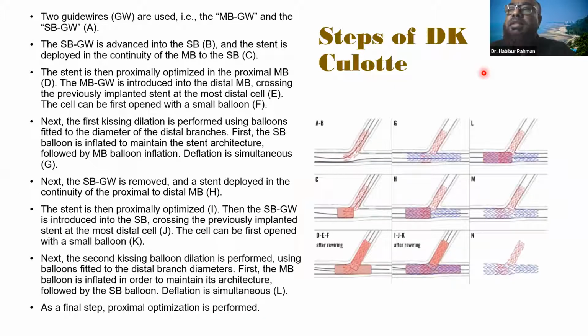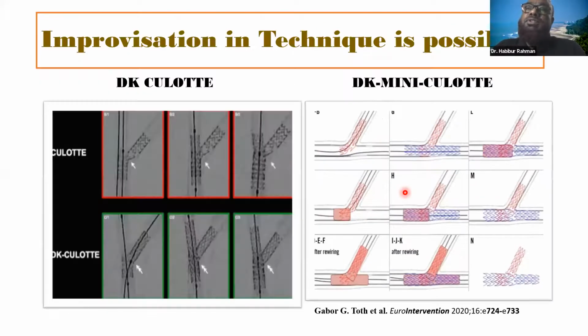So here they propose, before stenting the main branch, if we do a kissing beforehand and then go to the main branch with the stent, it results good, just like DK crush. So that is an improvisation in technique.